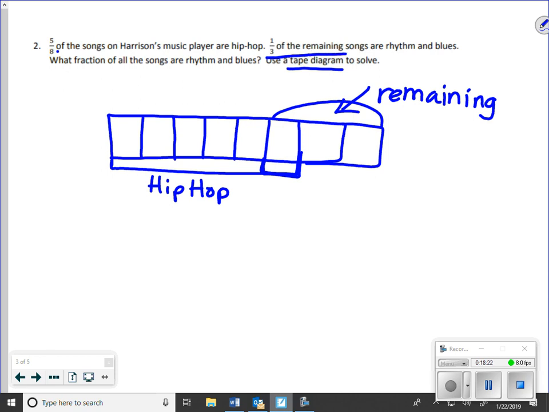So 1 of the 3 remaining pieces is rhythm and blues. So this one piece right here of those 3 remaining pieces is rhythm and blues. R&B.